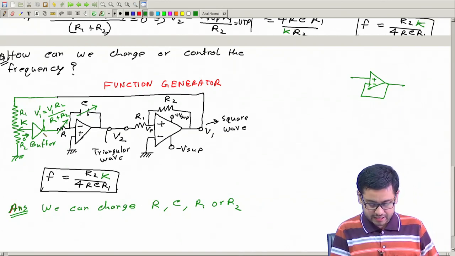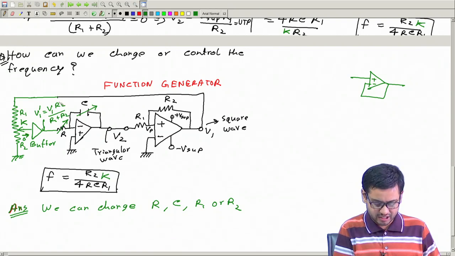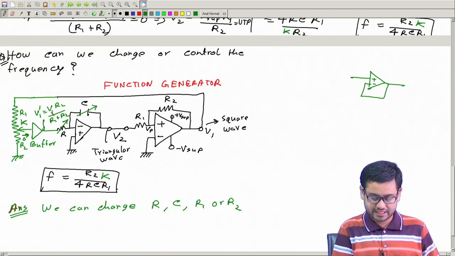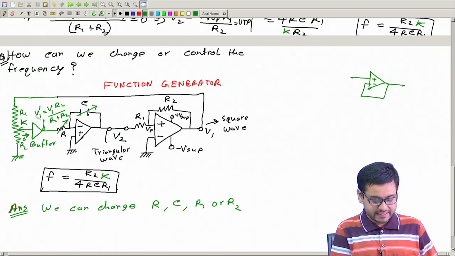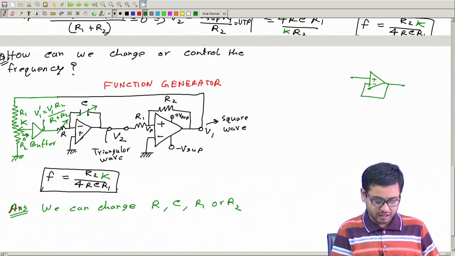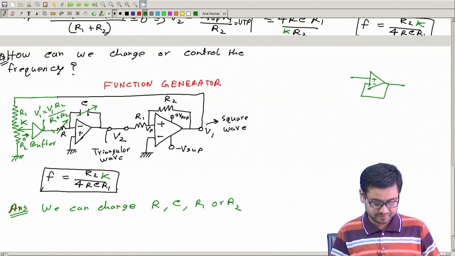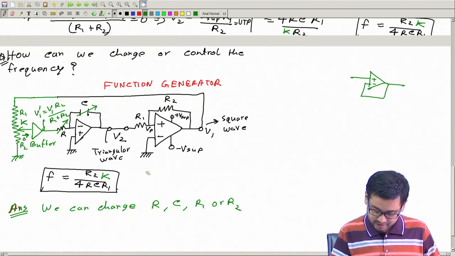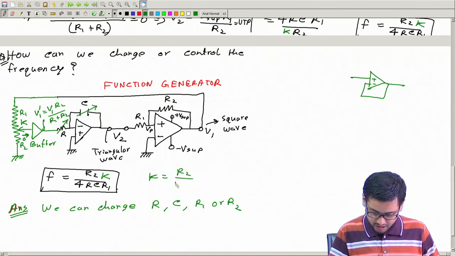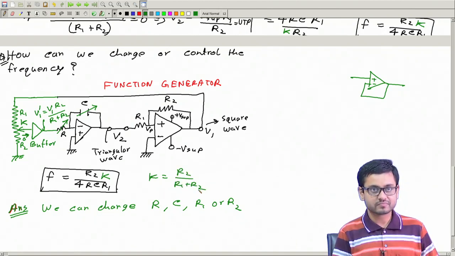And if I do not have a buffer, then some current will be drawn, and then this equation will not be exactly true. But yet it can control this voltage and the frequency. So here k is this R2 by R1 plus R2.